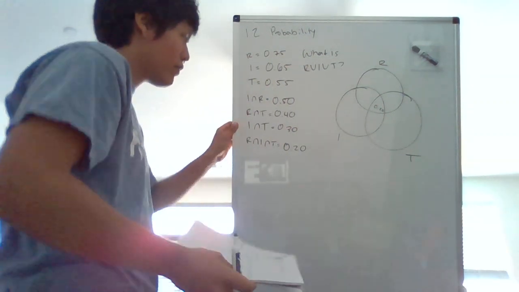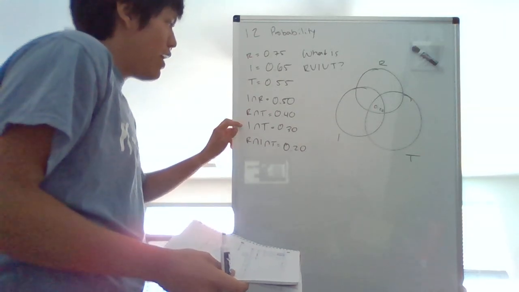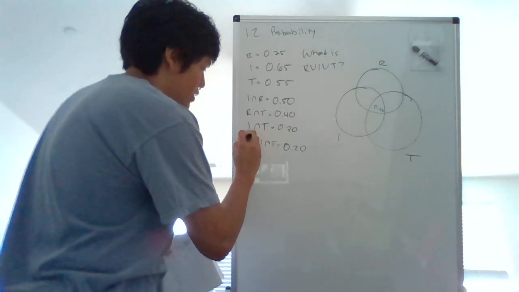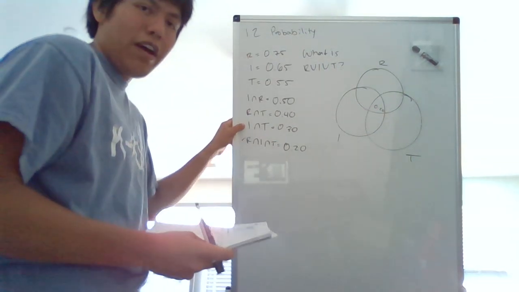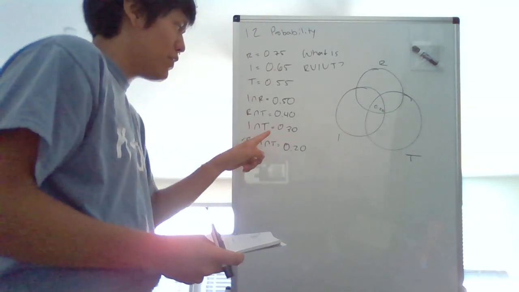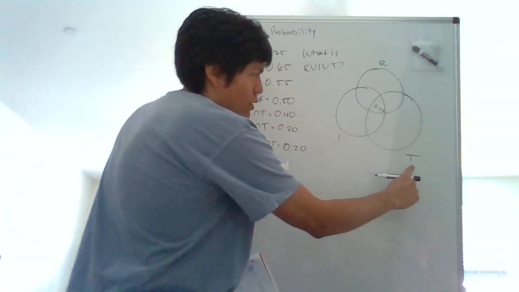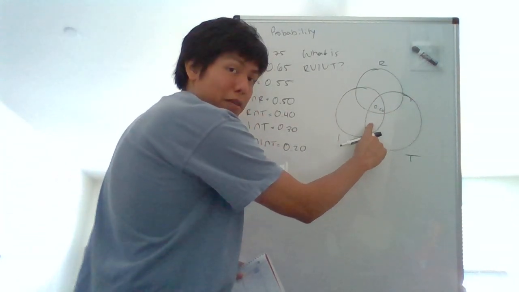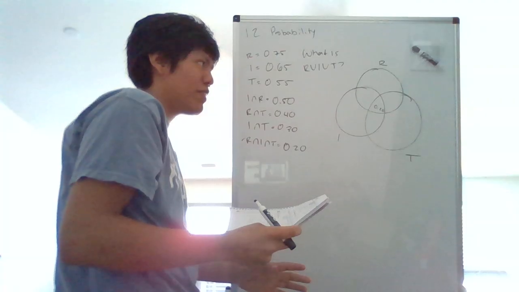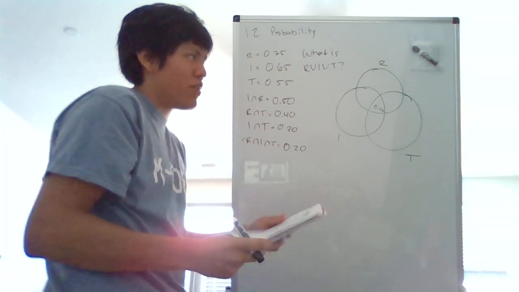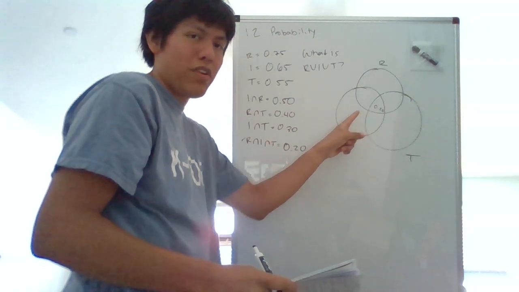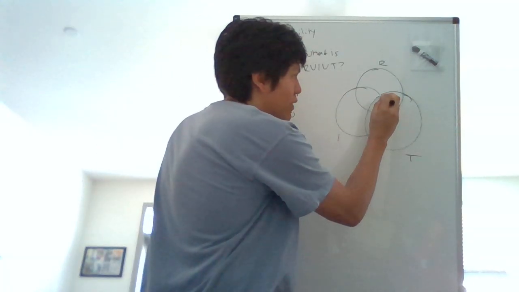Excuse me. All right. Now we'll work our way up from this list. So this is done. The households that have irons and toasters is 0.30. Irons and toasters, that would be this section right here. Now remember, we don't want to double count, because this middle section, irons and toasters also intersect.